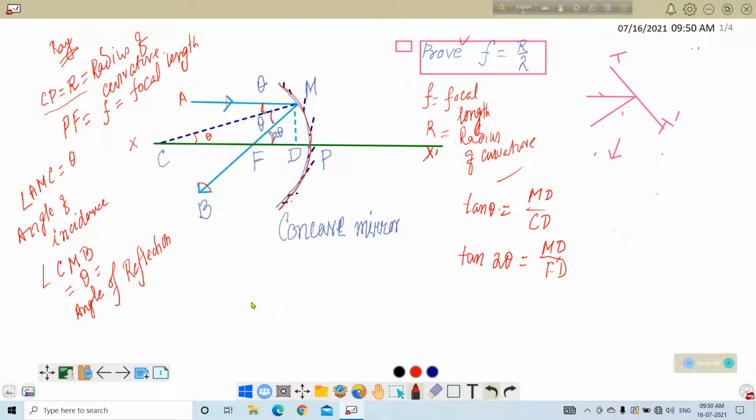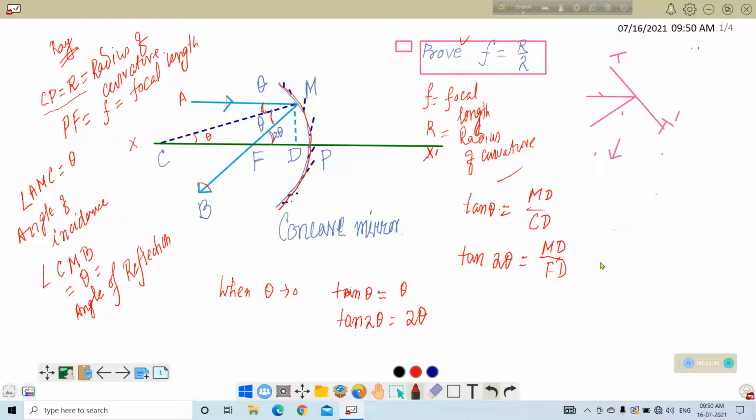For small theta, when theta tends to 0, that means the value of theta is very small, tan theta is equal to theta and tan 2 theta is equal to 2 theta.